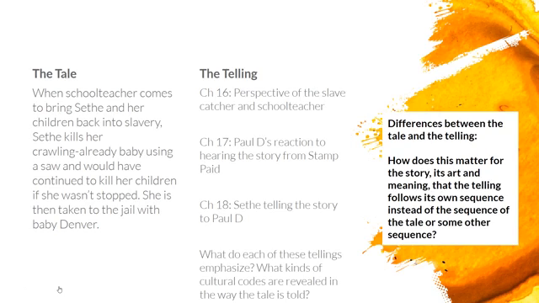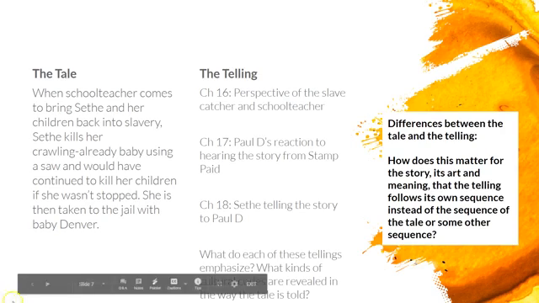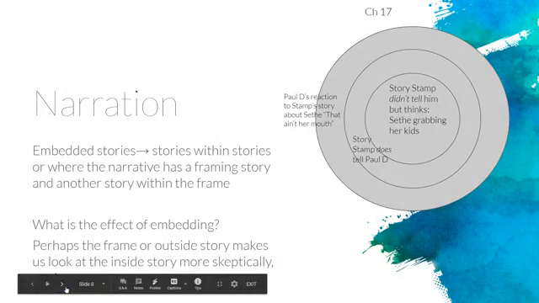They have a lot of harsh and critical diction that we don't see in Sethe, Paul D, or Stamp Paid's discussion of the story. So we can know who is the narrator based off of some of those cultural codes because of what they believe comes through in their language.